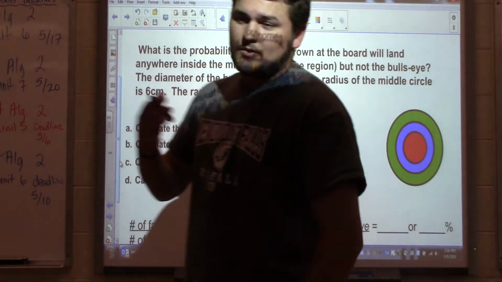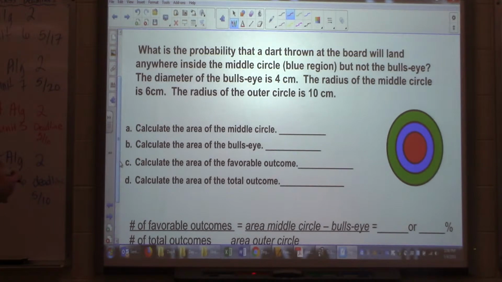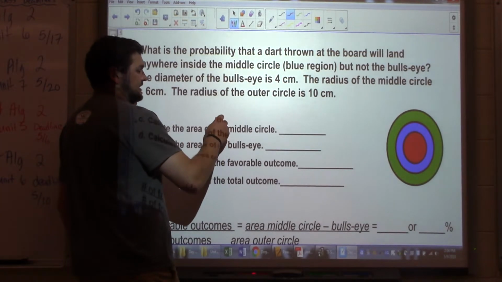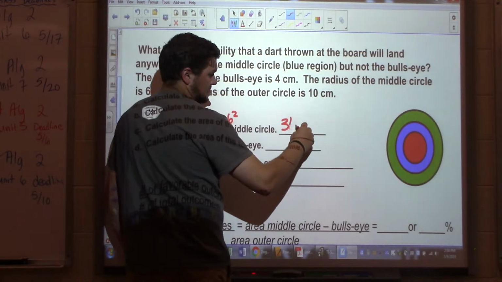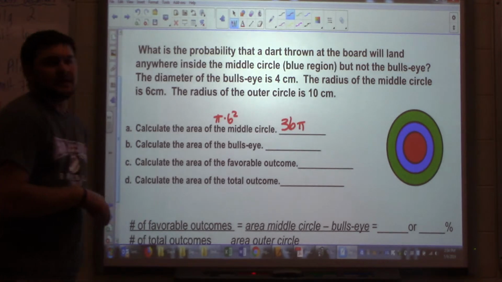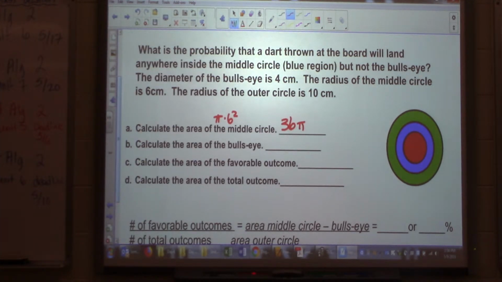So let's find the area for both those pieces first. Area of that middle circle, that blue circle. Well, it's got a radius of 6, so pi times 6 squared will give me 36 pi. Calculate the area of the bullseye. Well, the bullseye has a diameter of 4, which means its radius is what? 2.